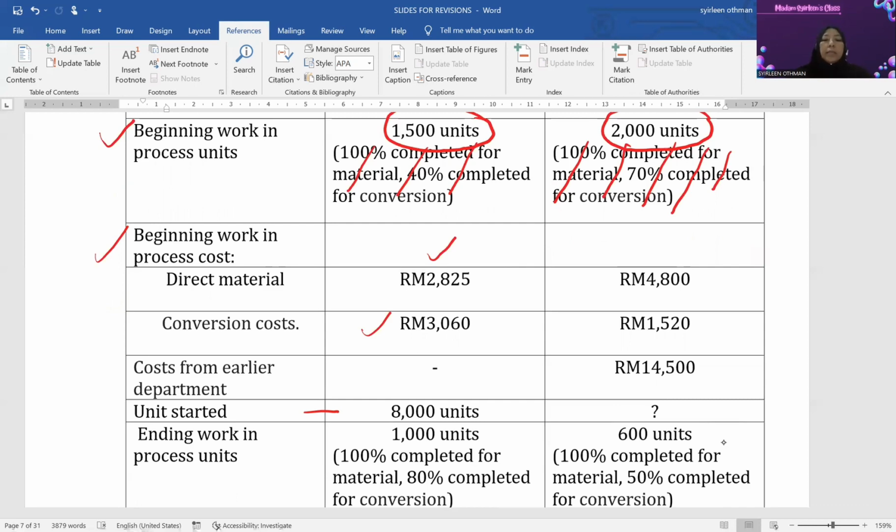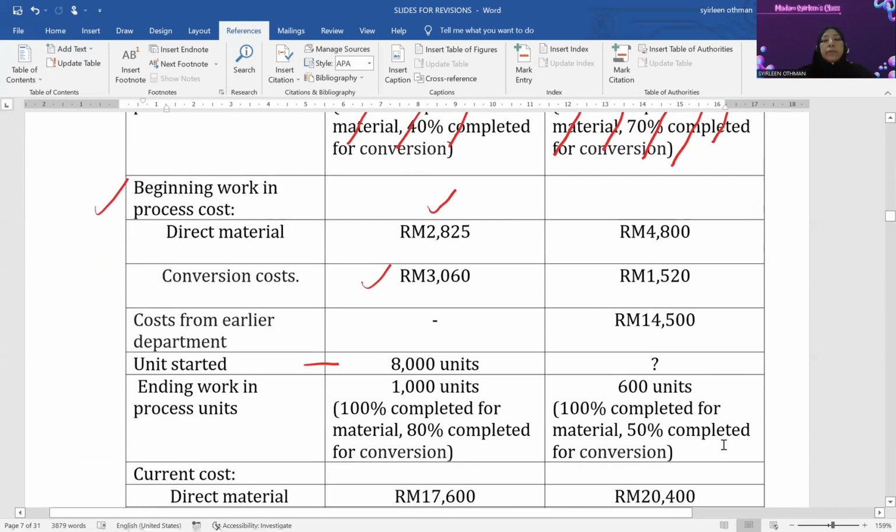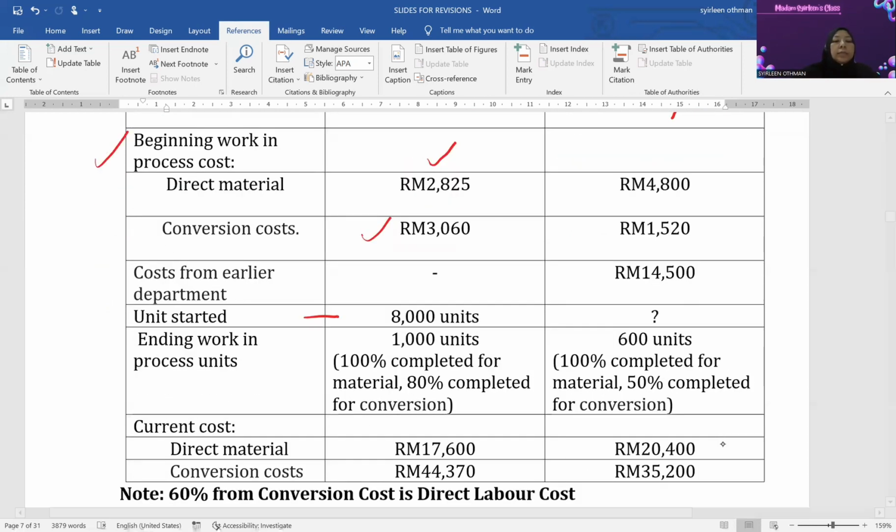Okay, and then kita ada ending work in process. Okay, this one is very important in your calculations sebab besides looking at the units, you also need to find the percentage of completion. Here is where you get the percentage of completion to calculate the ending work in process for respective items. Okay, so ending work in process unit ialah 1000 unit.